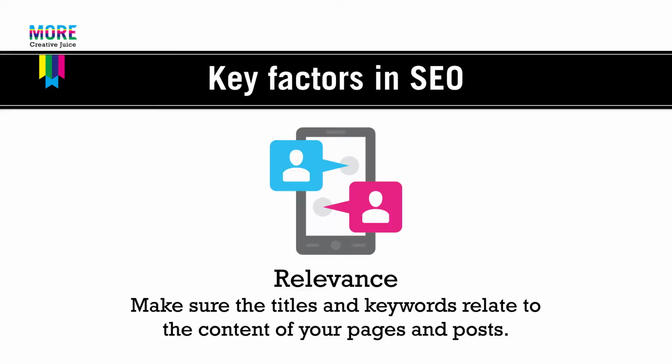So here are the key factors in SEO. One really important factor is relevance, and this is basically making sure that the titles and your keywords relate to the content of your pages and your posts.